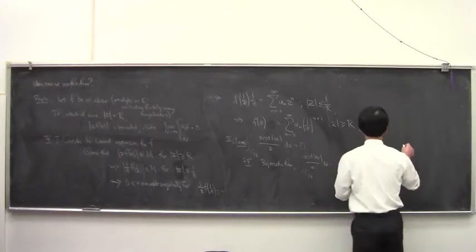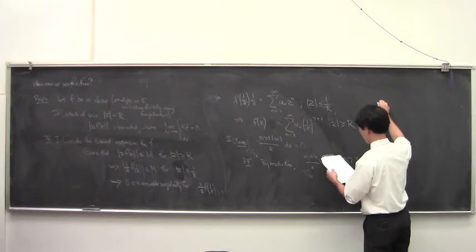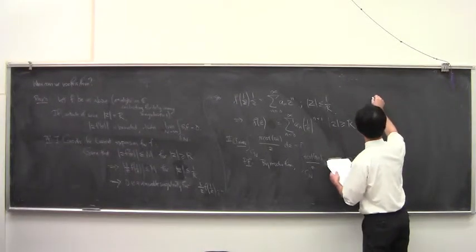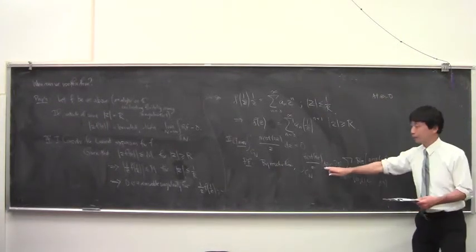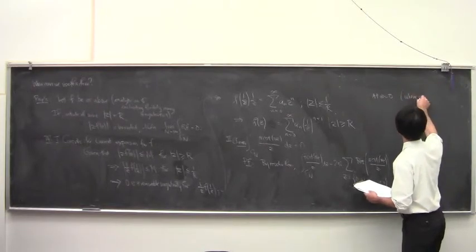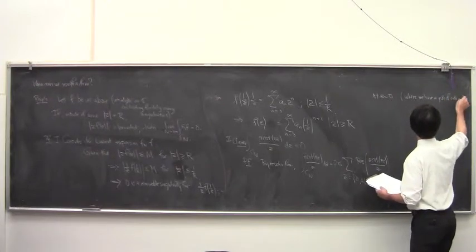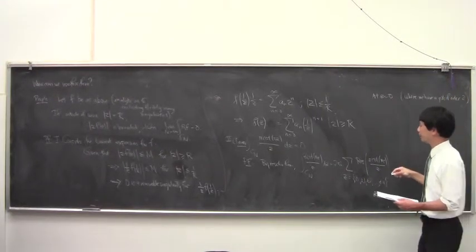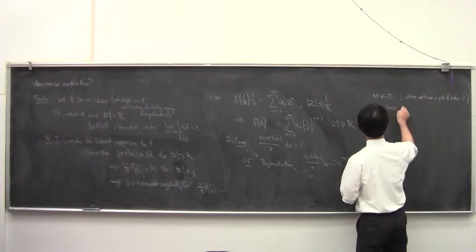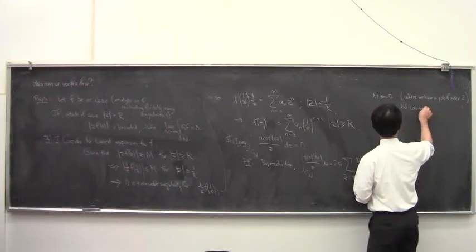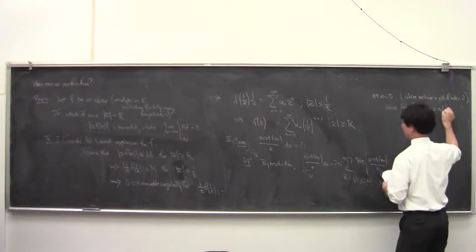So now here we make a clever observation, which is that at z equals 0, we have a pole of order 2. We observe that since the function is odd, right?